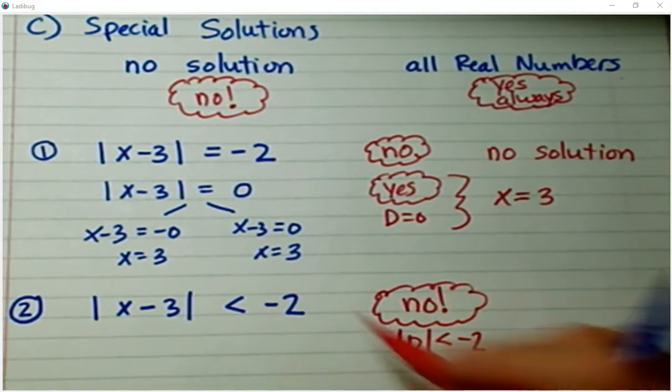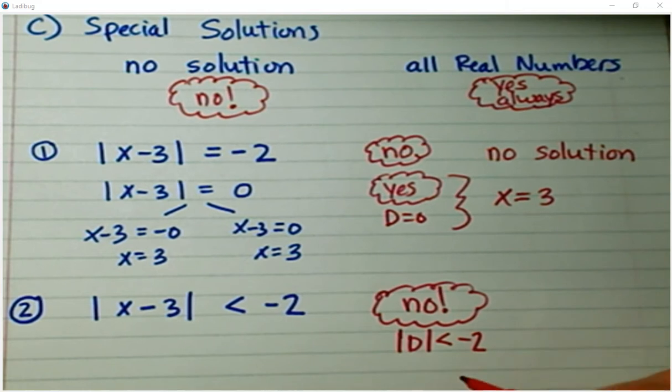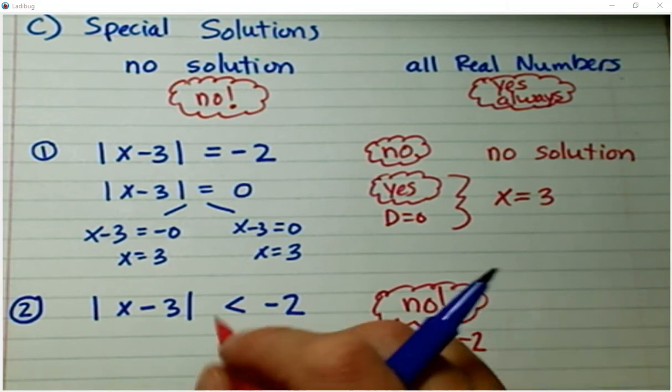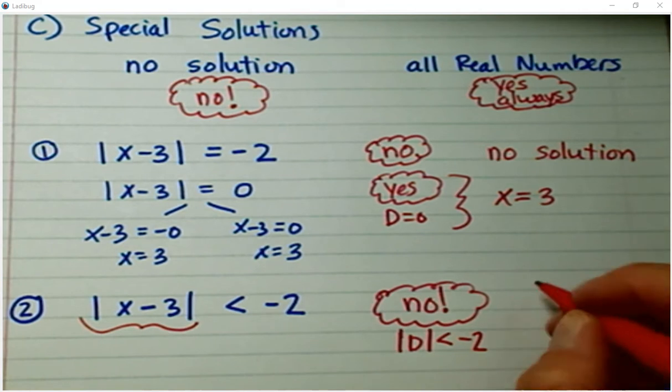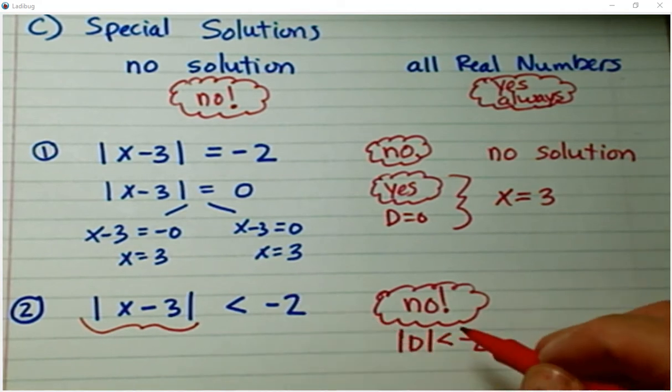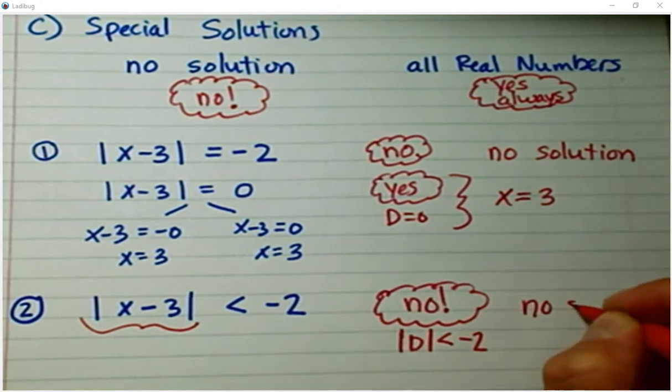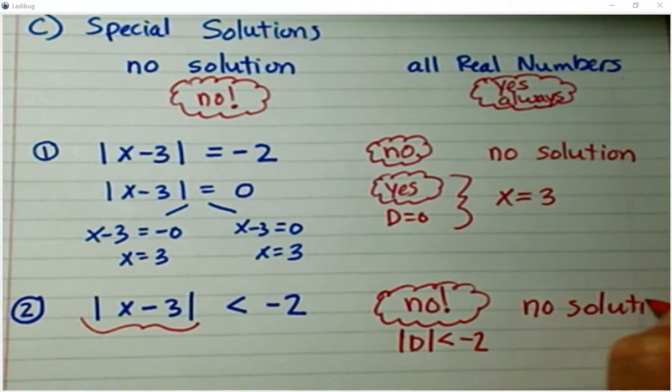No, distance cannot be less than -2 because this is going to be a positive outcome. So because the distance cannot be less than -2, this is a no solution.